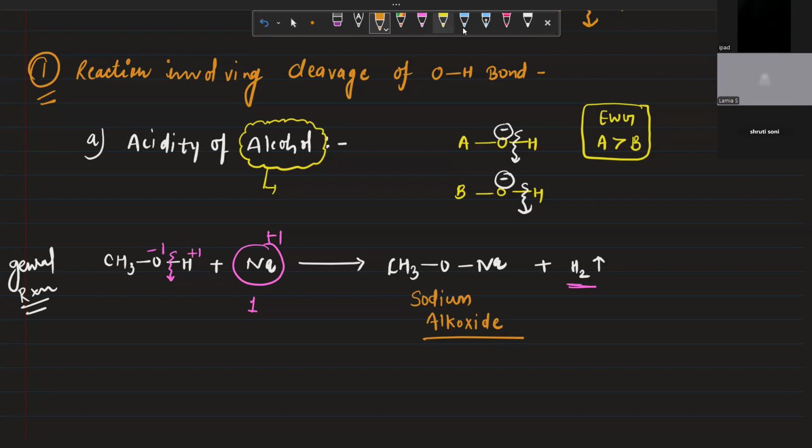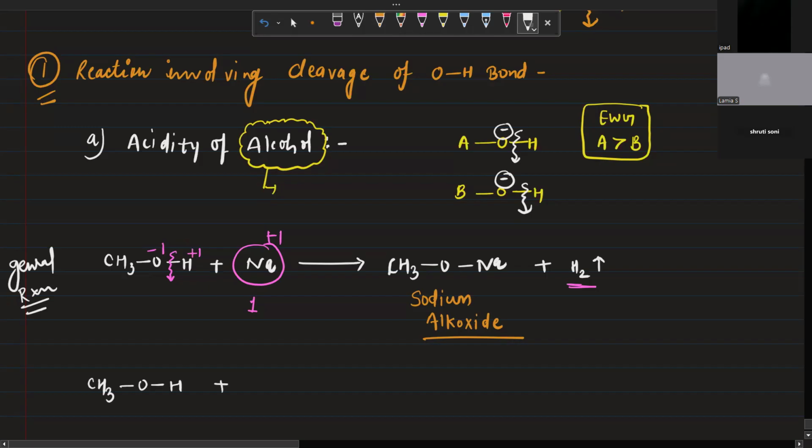Then after that, I have one more reaction. Let's suppose that is CH3OH again. But now in this case, I'm not using sodium. Let's suppose I'm using aluminium instead. If I'm using aluminium over here, what will be the product in that case?